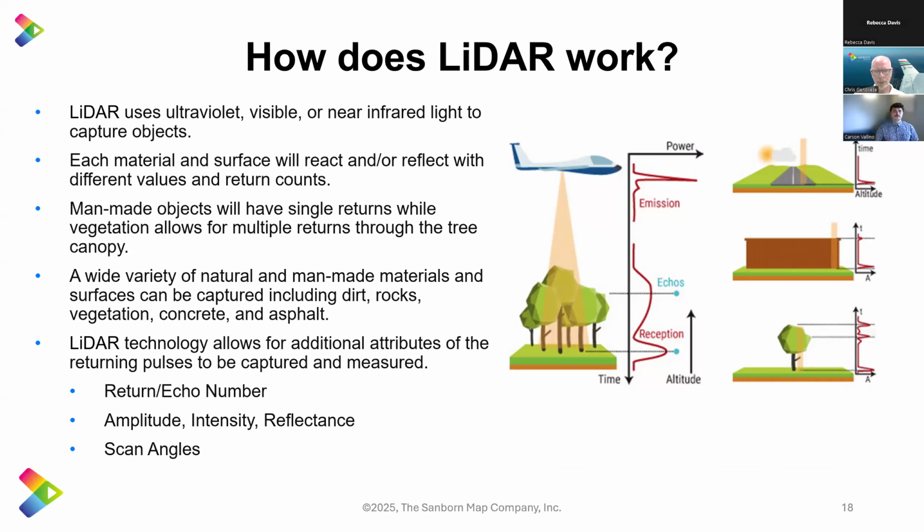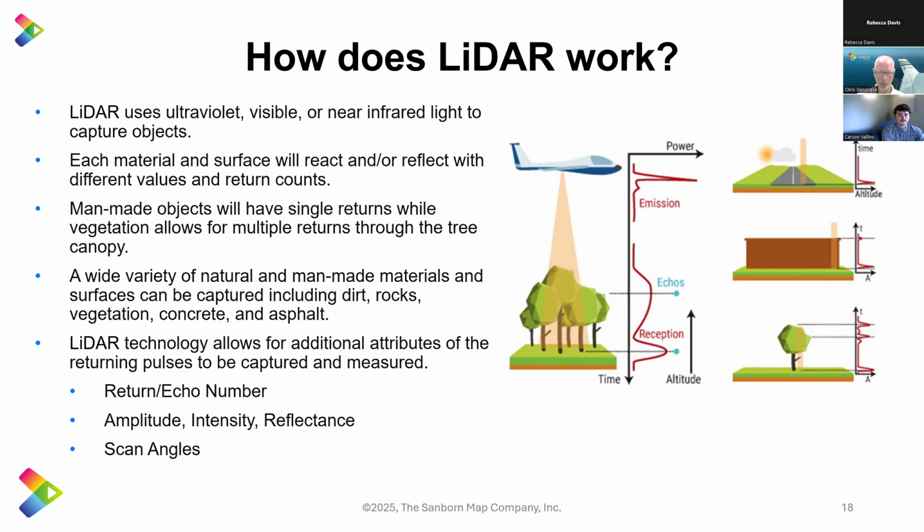One of the additional things about LiDAR is we're not just sending a little beam of light down and collecting that, but there's a whole bunch of other bits of information that relate to that. The reflection that comes off any particular object is going to be different. If it's a dark object versus a light object, color versus black or white, all of these things are going to return different bits of information.